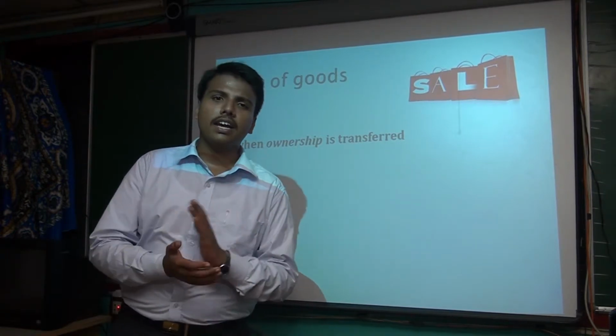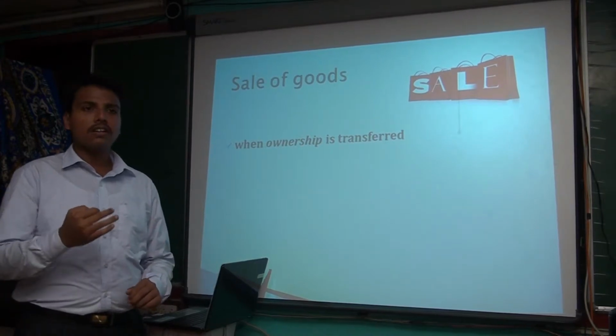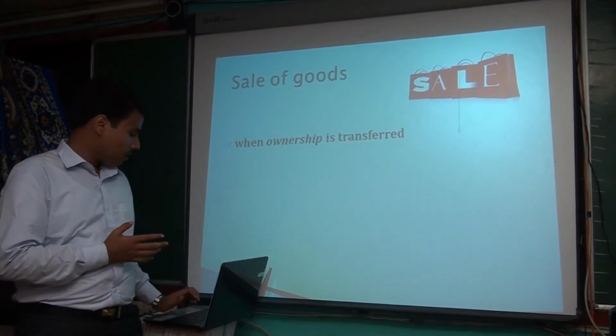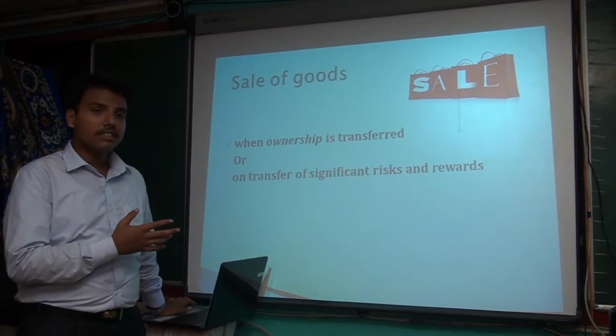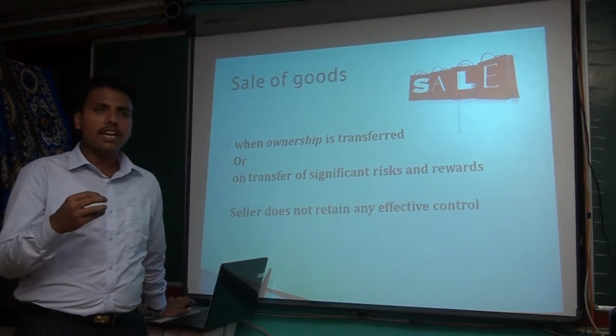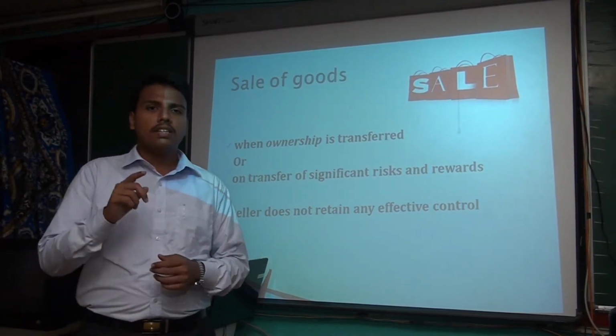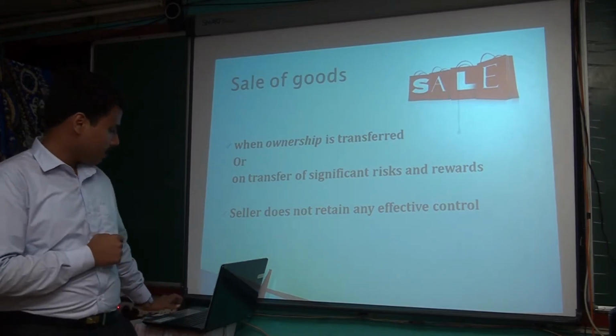That's why AS 9 requires that revenue from sale of goods can be recognized on ownership transfer or when the significant risks and rewards are transferred. The second condition is the seller should not retain any effective control over the goods as if he is an owner.